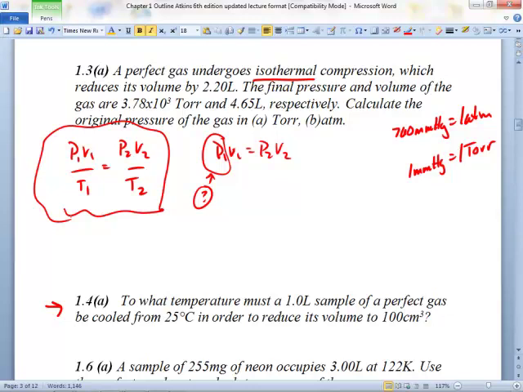Yeah. What are we going to say about pressure? To what temperature must a 1 liter sample of perfect gas be heated? Yeah, they have to. That's where some of these questions get tough, because you have to make some assumptions. I think I would agree with that. You're going to have to assume the pressure remains constant. What's the word for that? They should have said isobaric.